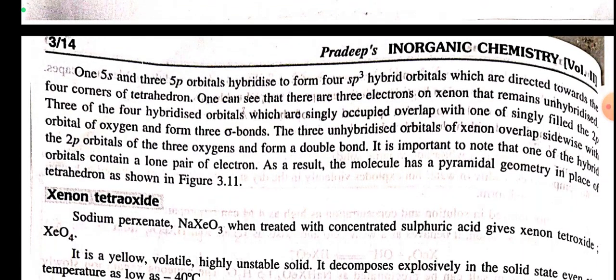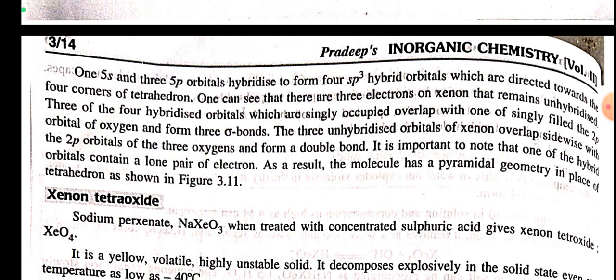One 5s and 3 5p orbitals hybridize to form 4 sp3 hybrid orbitals, which are directed towards the 4 corners of the tetrahedron. One can see that there are 3 electrons on xenon that remain unhybridized. 3 of the 4 hybridized orbitals, which are singly occupied, overlap with the singly filled 2p orbitals of oxygen and form 3 sigma bonds.